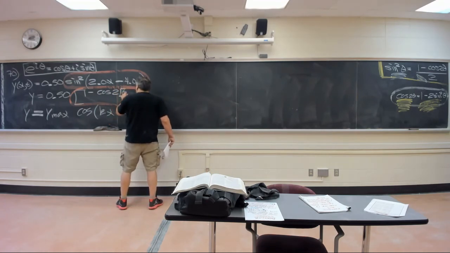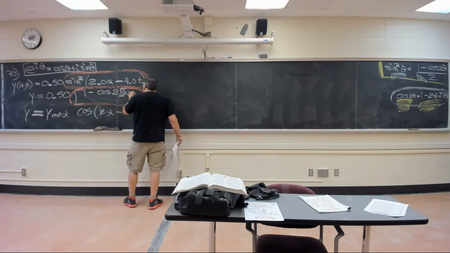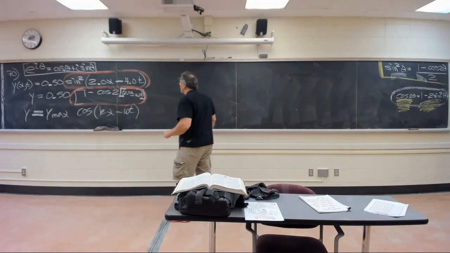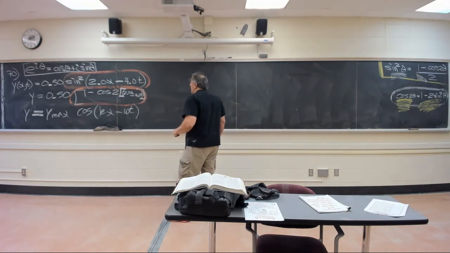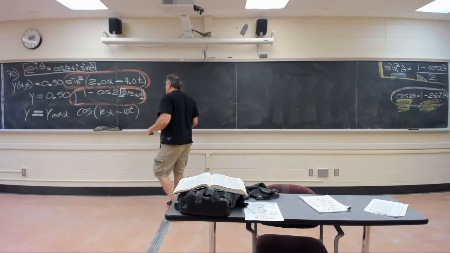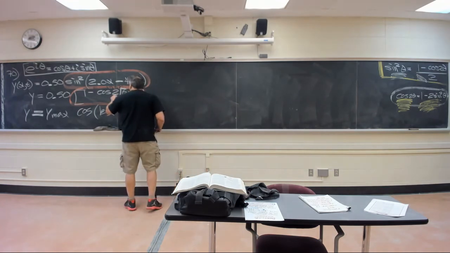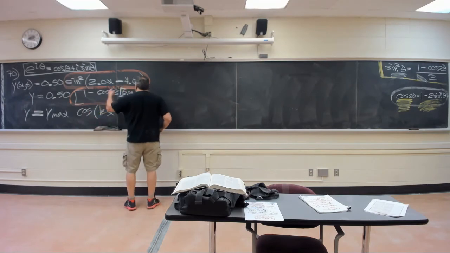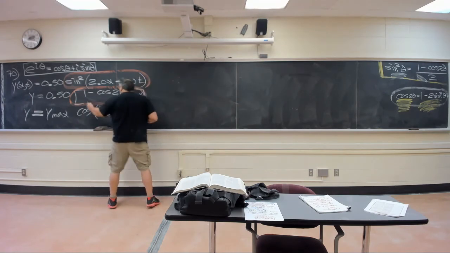How about 2.0x minus 4.0t? True. That's the 2 theta. Sine squared theta equals 1 minus cosine 2 theta, that difference divided by 2.